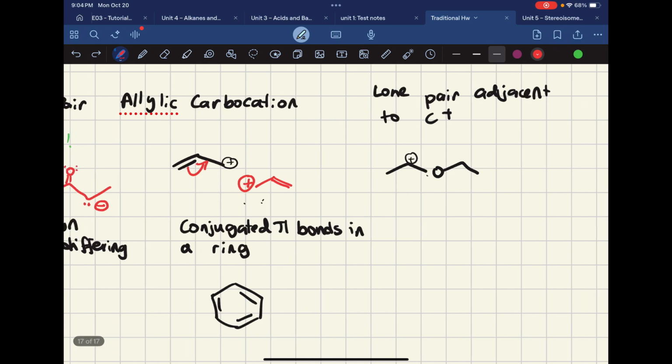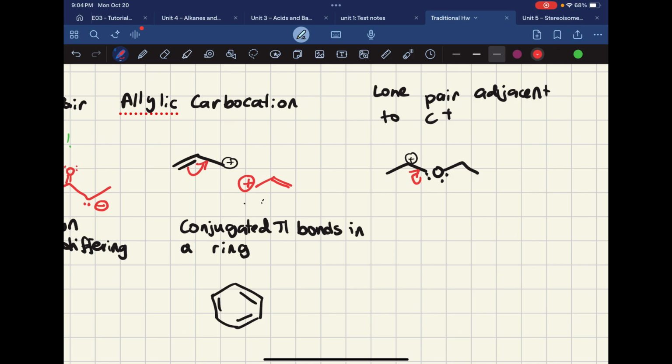Now let's look at number 3, lone pair adjacent to a carbocation. So we have two lone pairs over here on this oxygen, and we have a positive carbocation here. Again, deficient in electrons. So what I'm going to do is bump these electrons over here, and what's going to happen is we're going to basically just create a double bond.